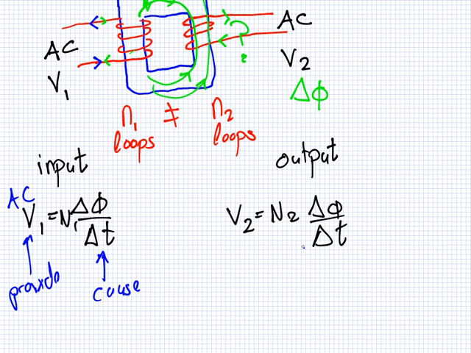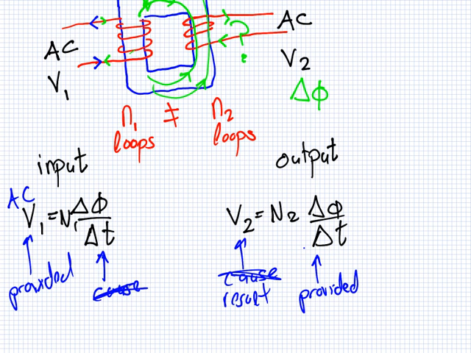On the right hand side, the difference is this is being provided because it's coming in from the left, and then the result, maybe I don't want to say cause, I'll say result.